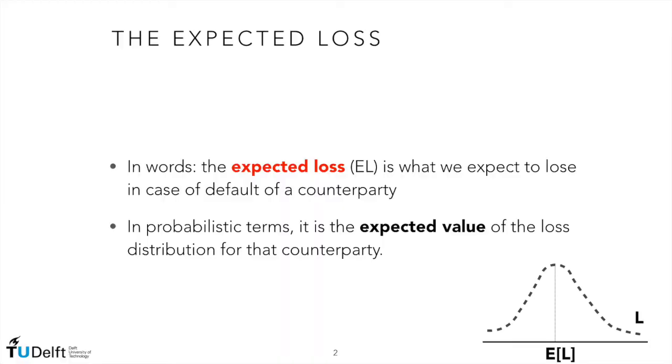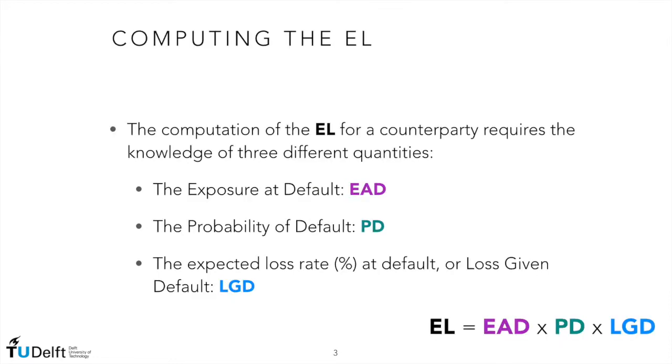So let's start. The expected loss is what we expect to lose in case of default of a counterparty, simply the expected value of the future loss distribution for that counterparty. The computation of the expected loss for a given counterparty requires the knowledge of three different quantities: the exposure at default, the probability of default, and the loss given default.